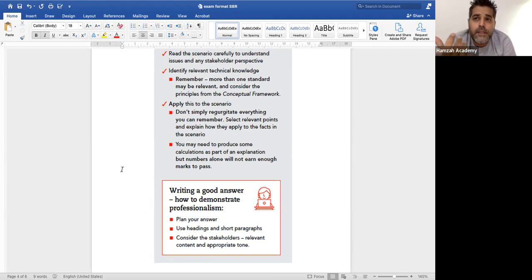Appropriate tone means that you don't have to be judgmental. This is something you have to understand when it comes to the discussion. You cannot go towards one extreme end. While analyzing some ethical issue, or the performance of the company, you cannot go to the extremes.